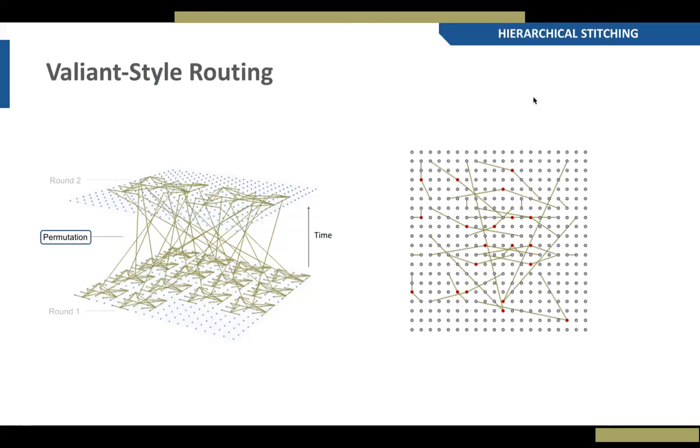Yeah, I want to mention that our intermediate hop did not destroy the structure of the circuit because we only introduced intermediate hops for the permutation step between the rounds. And as you can see, it's just interaction between pairs of qubits that all want to happen at the same time.